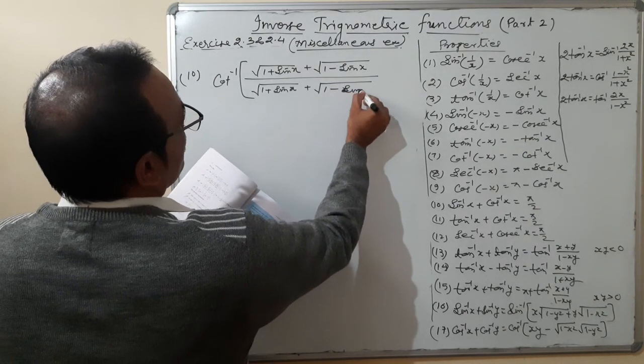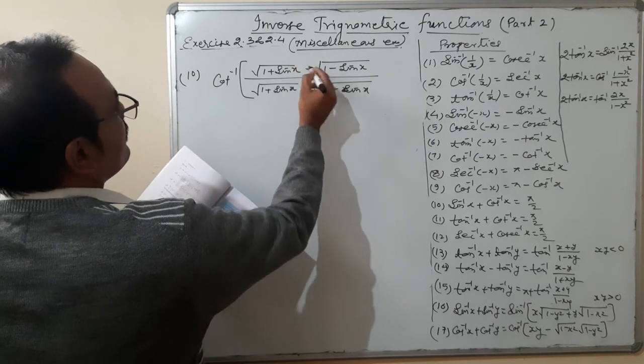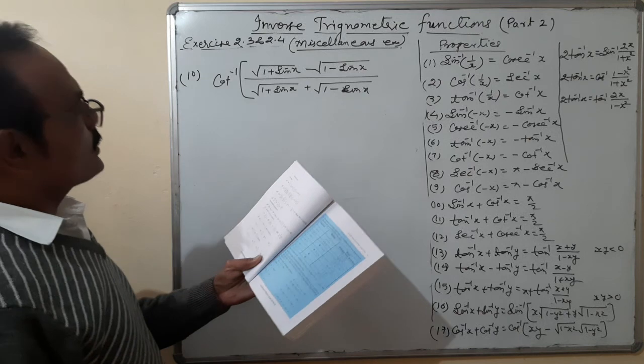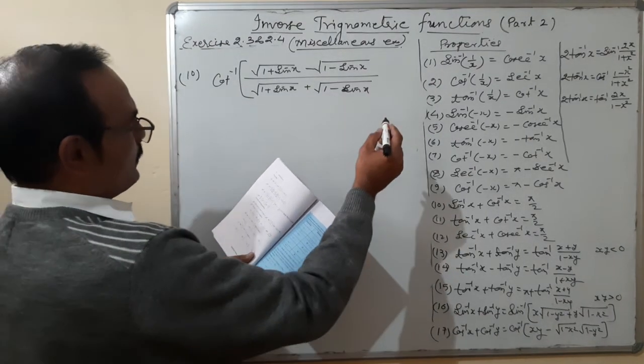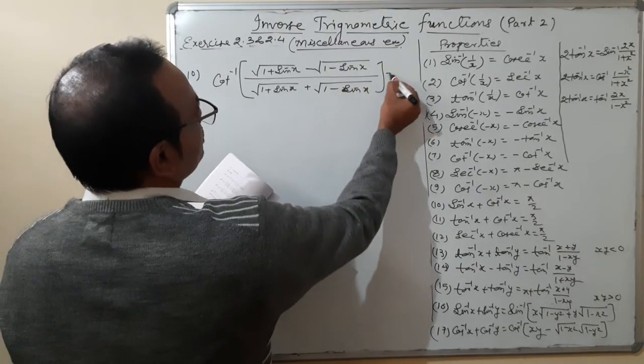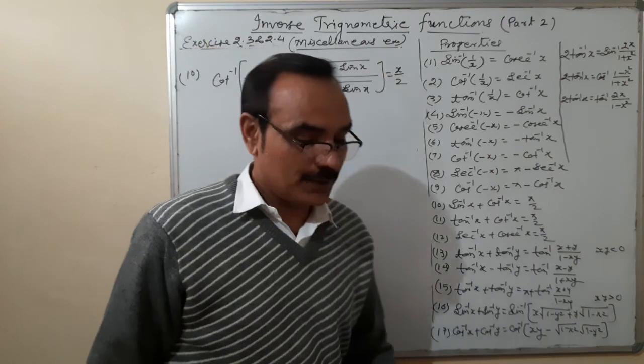No, all the terms are not same. I think there's a mistake. Yes, here's a minus. Under root 1 plus sin x minus under root 1 minus sin x upon under root 1 plus sin x plus under root 1 minus sin x is equal to x by 2. Prove that. This we are going to prove.